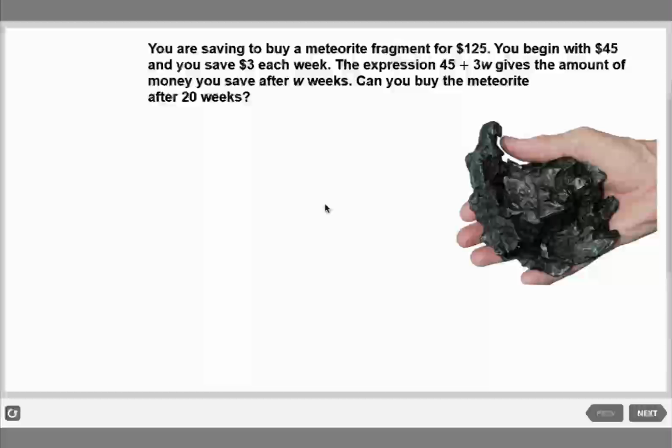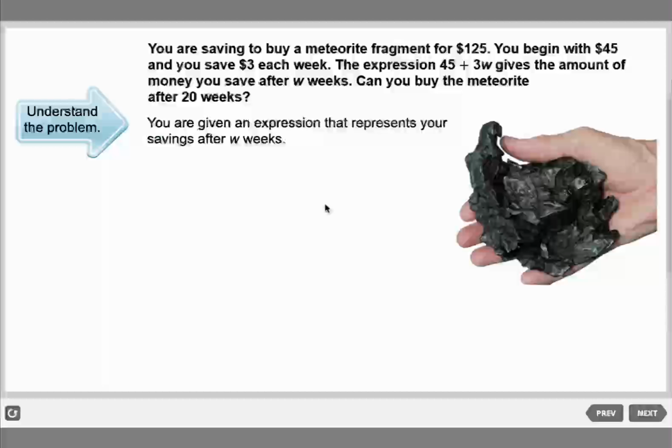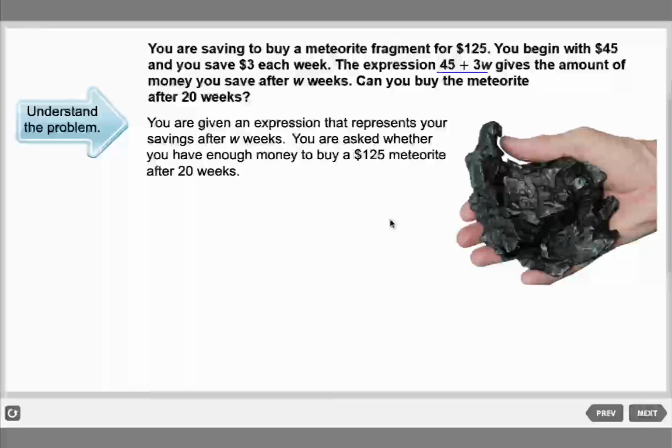after 20 weeks? We need to understand the question first. To understand the problem, you know that you're given an expression that represents your savings after W weeks, this expression, 45 plus 3W. And also, you're asked whether you have enough money to buy a $125 meteorite after 20 weeks.